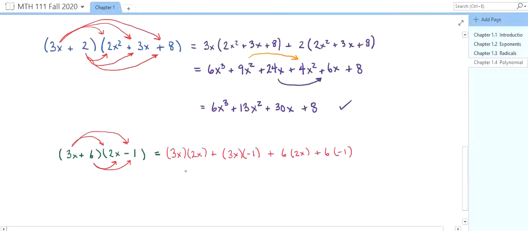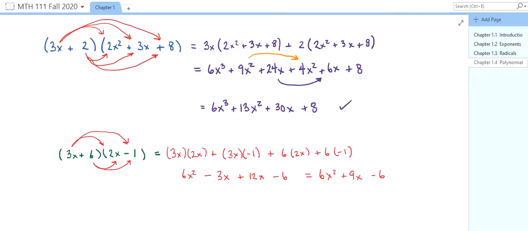When we work these out, we get 6x squared minus 3x, then minus 3x plus 12x minus 6. Let's group our two x's. We're going to end up with 6x squared, 12x minus 3x is plus 9x, minus 6.